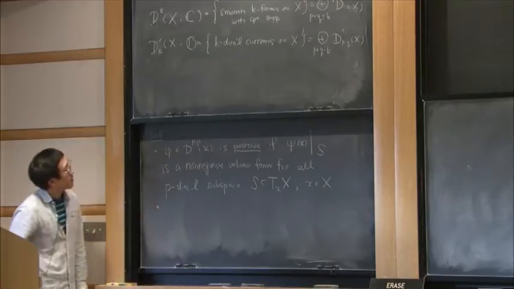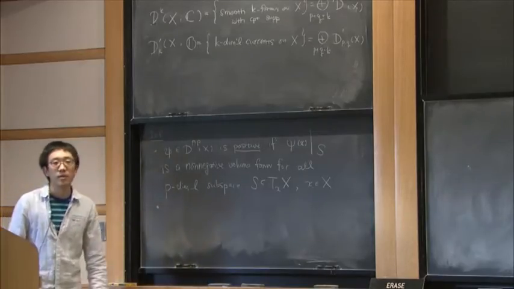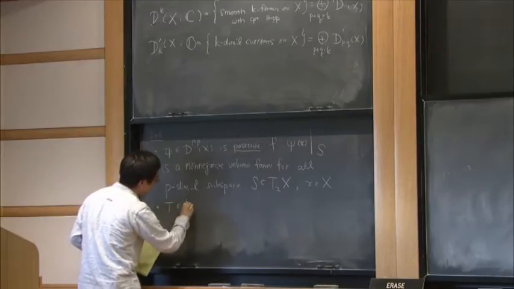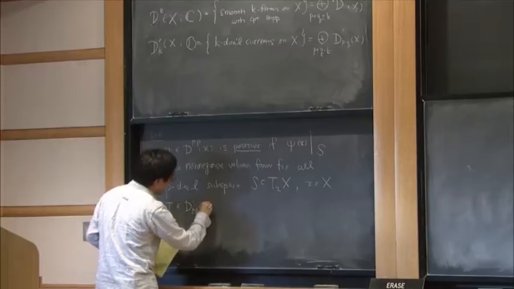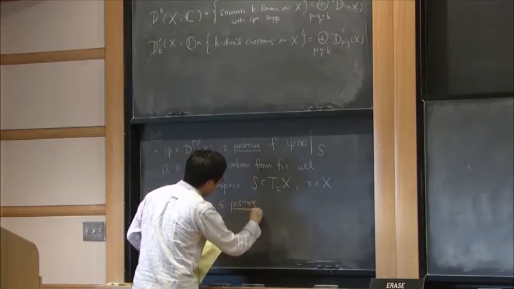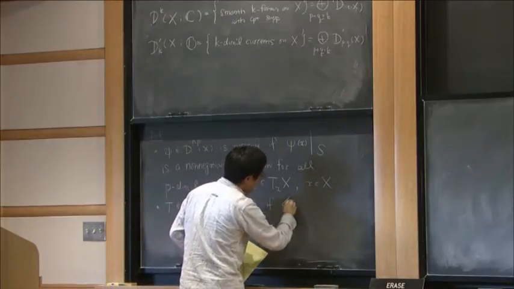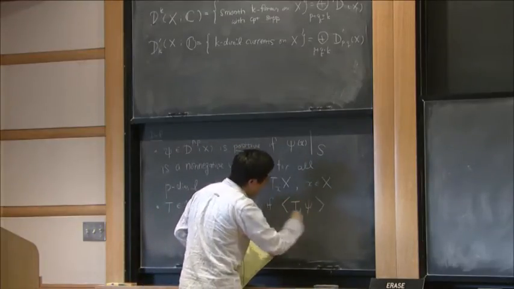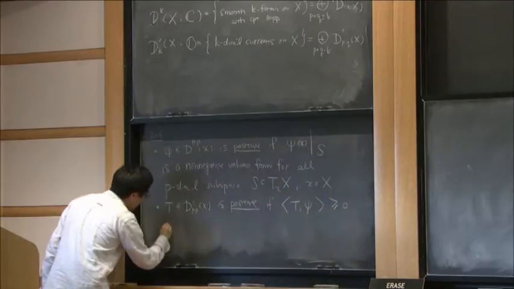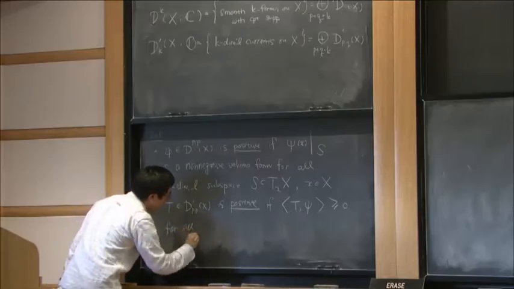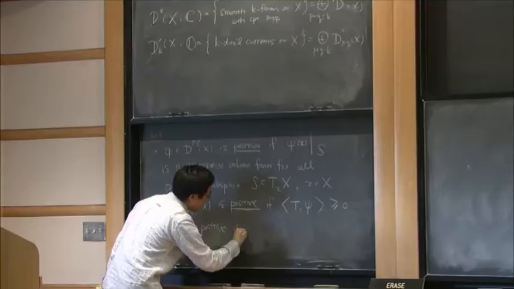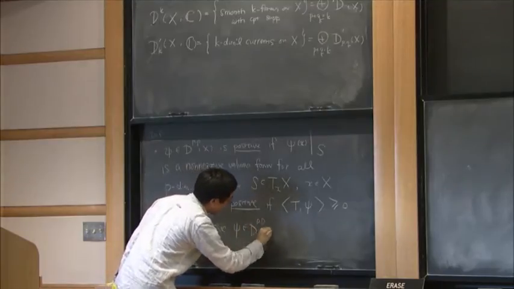And dually, I'll say that a (p,p)-dimensional current, an element T in D prime of (p,p) of X, is positive if it pairs non-negatively with every positive form psi in D^{p,p}(X).